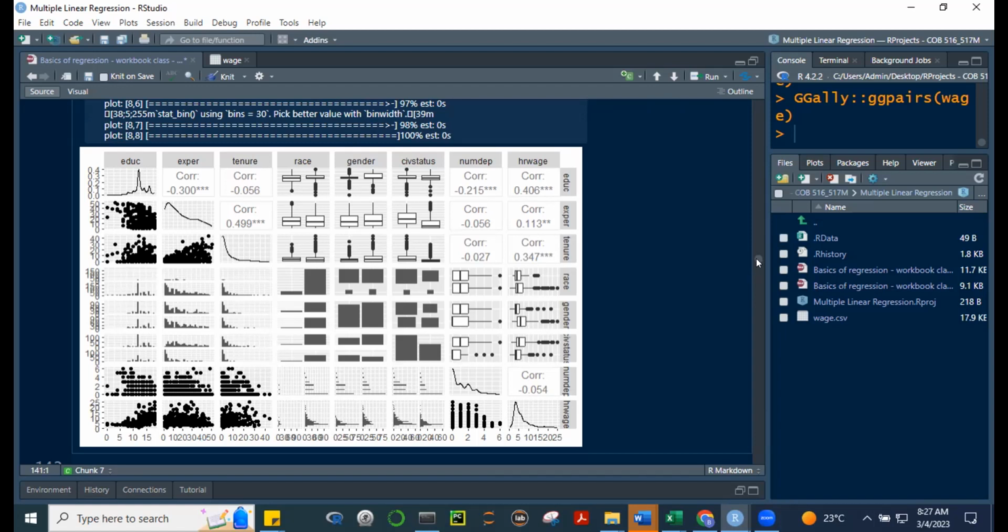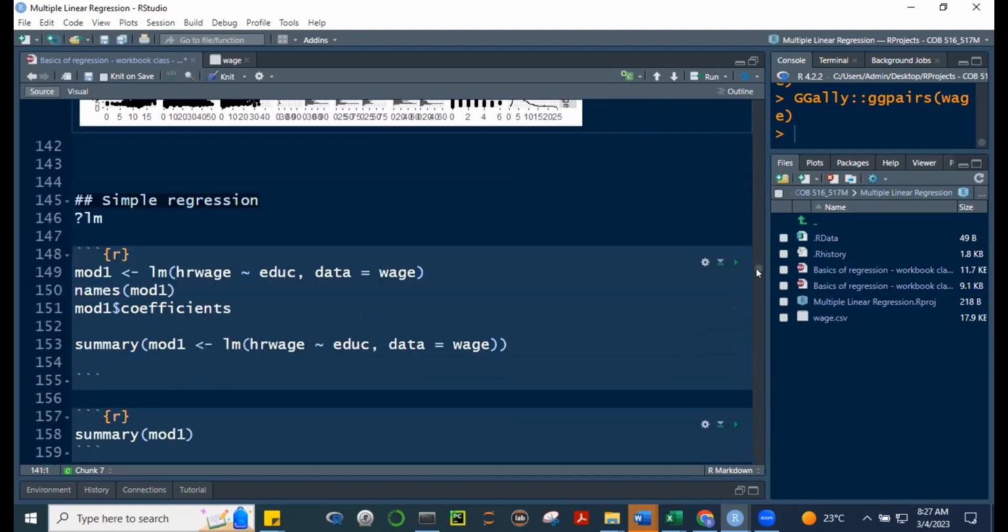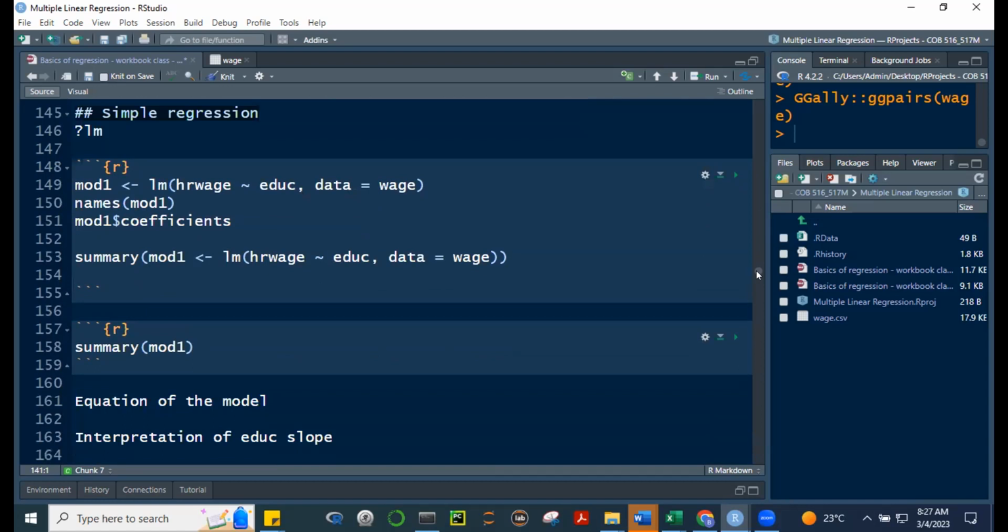All right. So last time, what we did was to create this model. Okay, we called it model 1, and this model is a simple linear regression where we regress hourly wage tilde on education. Okay, so this is how we write the model, and we identify the data is equal to wage.